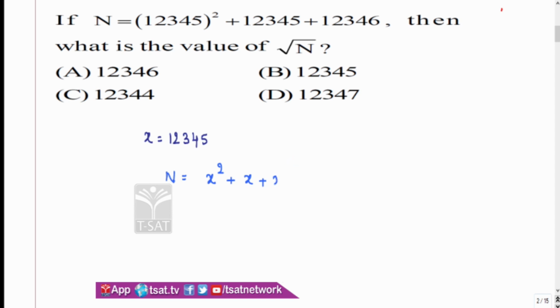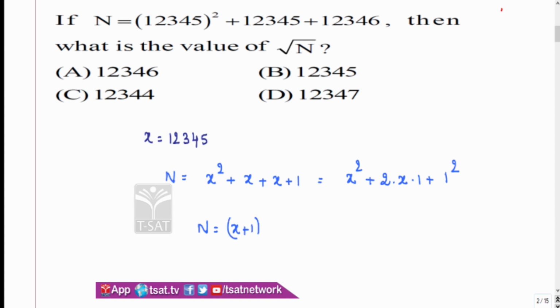So I am going to write it as x plus 1, which you can further write as x square plus 2 into x plus 1 square, or else you can write it as x square plus 2 into x into 1 plus 1 square. Now it is in the form of (a plus b) whole square, where a is x and b is 1. Therefore, I can write n is equal to (x plus 1) whole square.